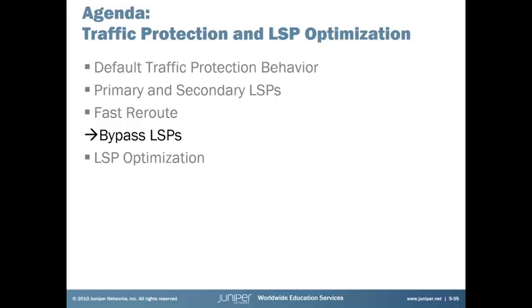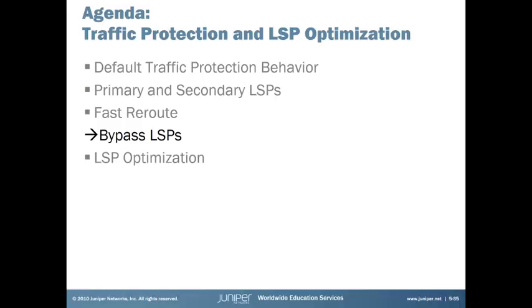Hit it and reroute straight around it. As I said, that happens in a very small fraction of a second. On average, it's around 50 milliseconds. It's 1,000 milliseconds in a second, right? So it's a very small fraction of a second, as opposed to a number of minutes if we're just waiting for a new path to be signaled up.